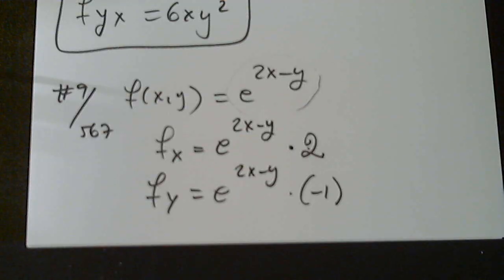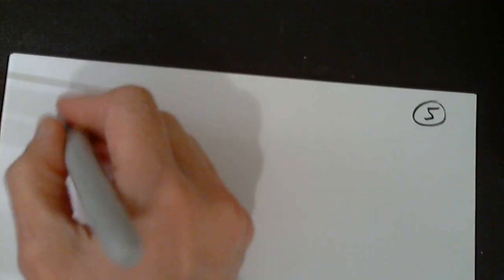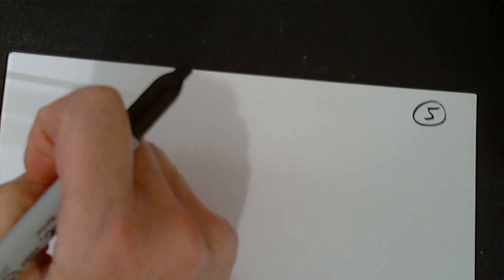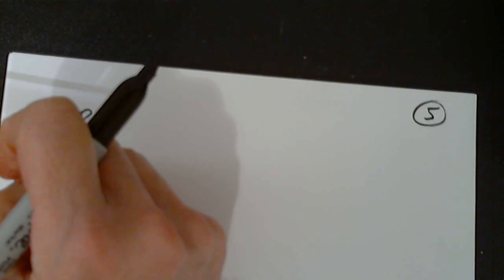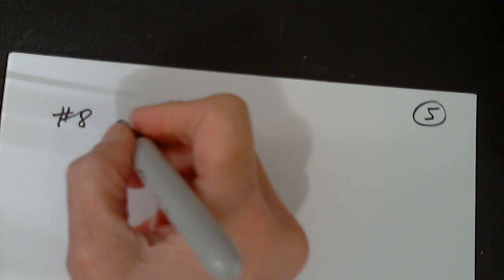I don't mean to go backwards, but can we do question 8? We can go to any problem. Anything you want. Okay, very good. So let's look at problem 8. In problem 8, we want to determine fx, fy, and evaluate fx at a given point and fy at another point. Perfect.